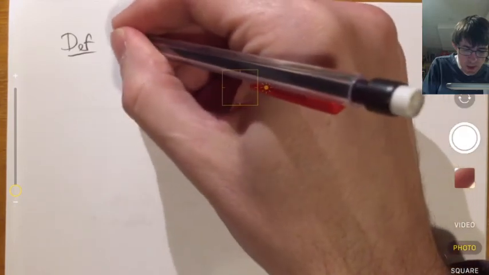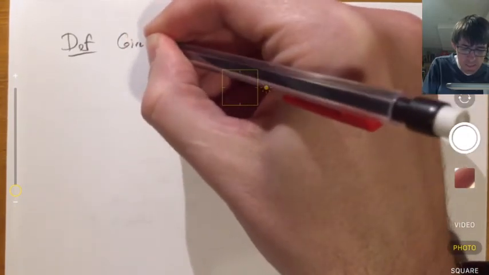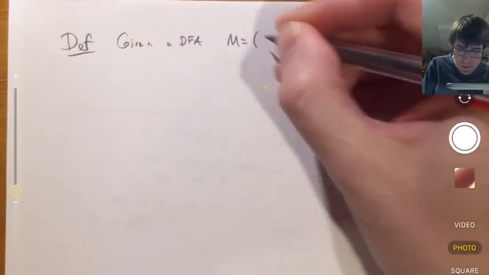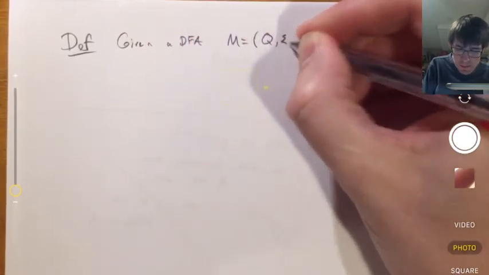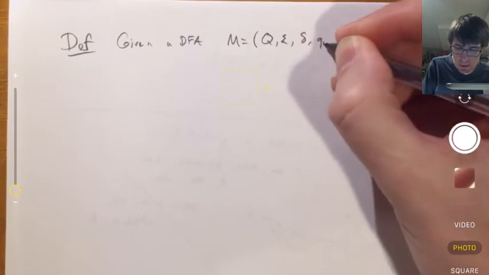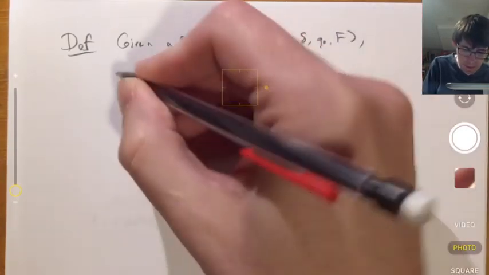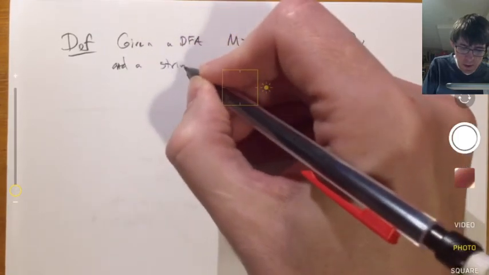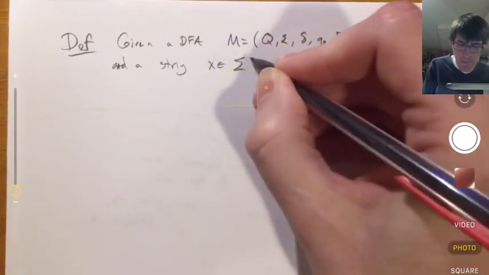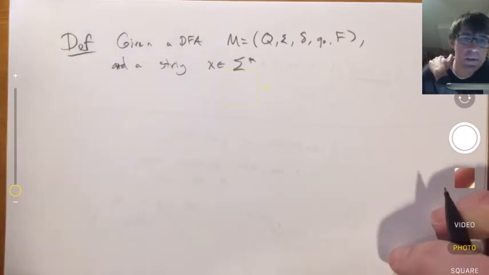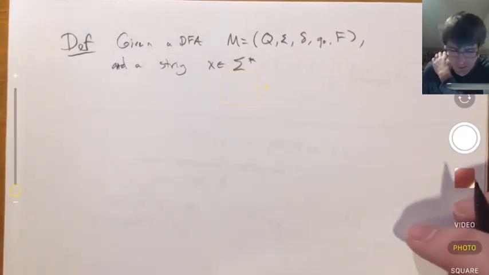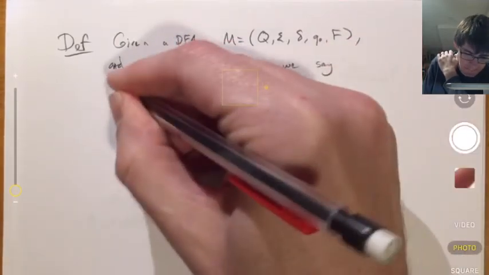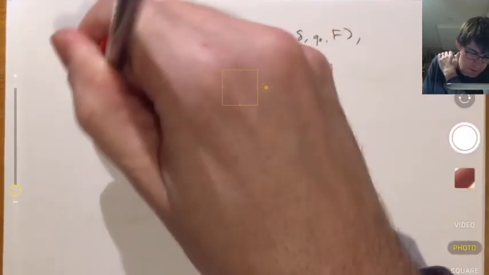So I will say, given a DFA M, which is written as Q, sigma, delta, Q0, and F, and also a string X in sigma star. Remember, sigma star just means the set of all strings using letters from sigma. Then we say that M, well, I'll say it the other way around.